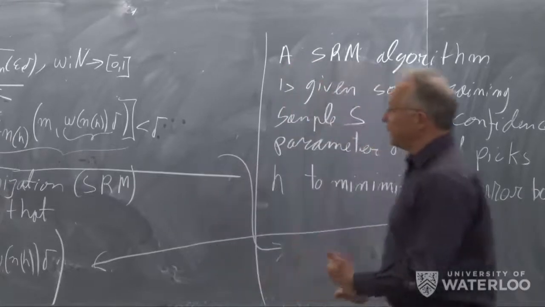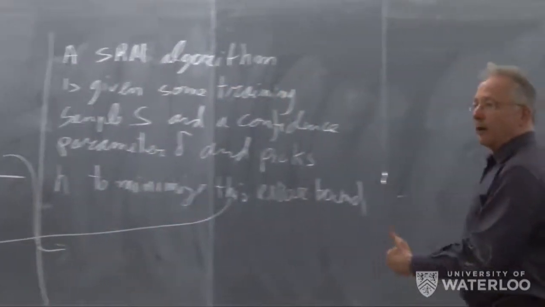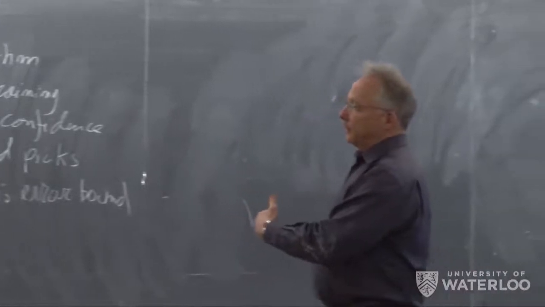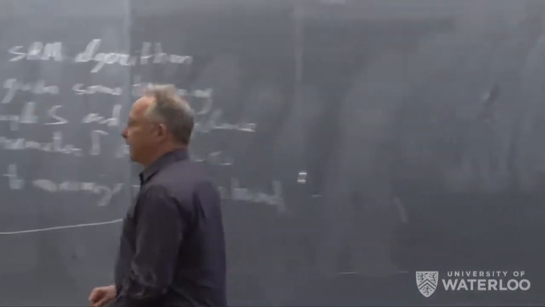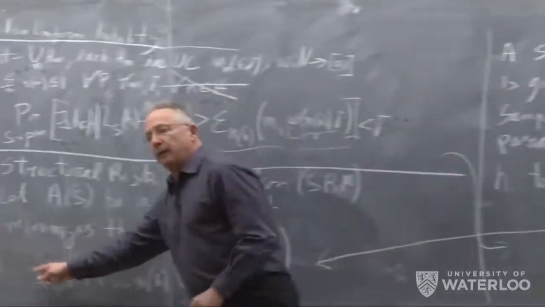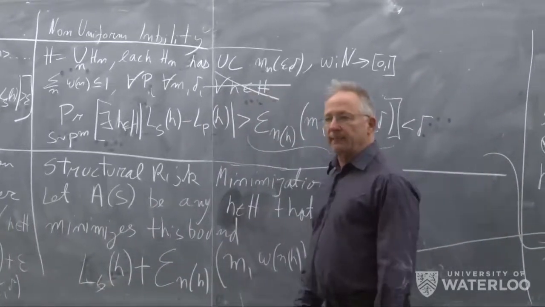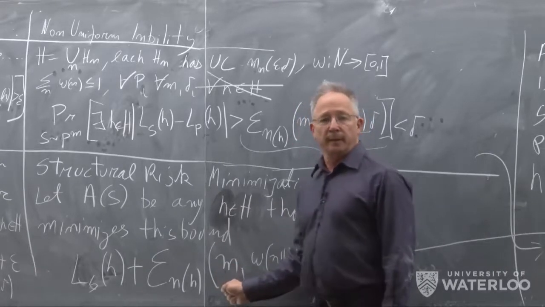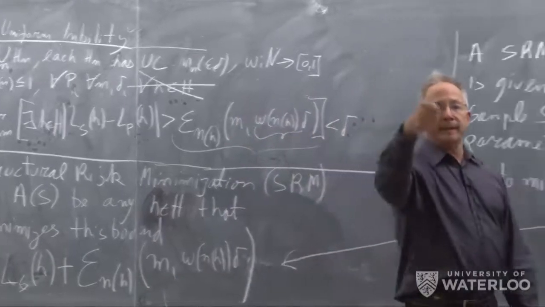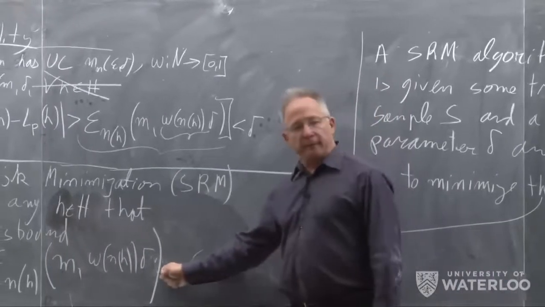That's going to be the algorithm that is the analog of the ERM algorithm. So the ERM algorithm just said minimize the empirical loss. But now we are saying minimize the empirical loss plus a penalty term. If you are picking a very complex h, there's going to be a big penalty term here.